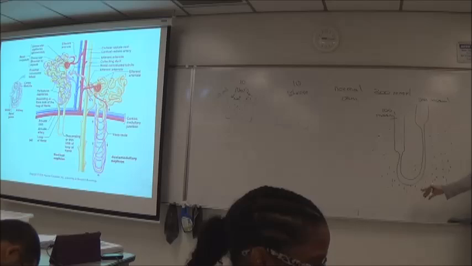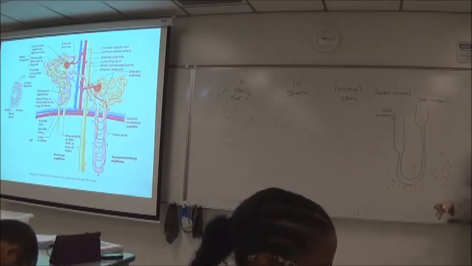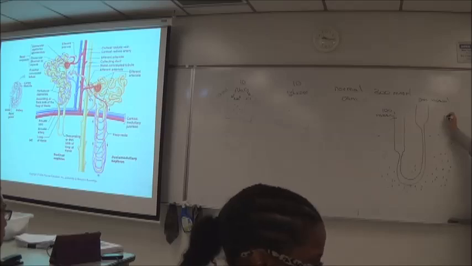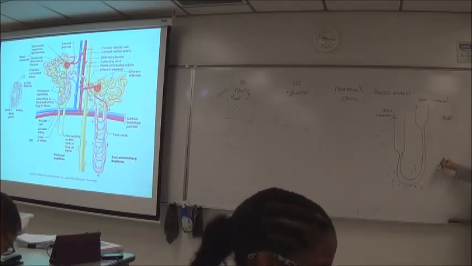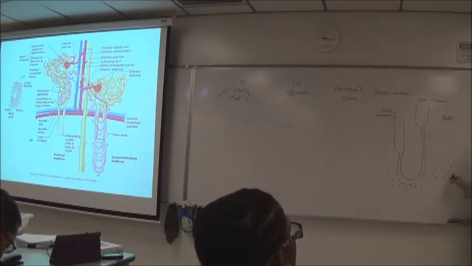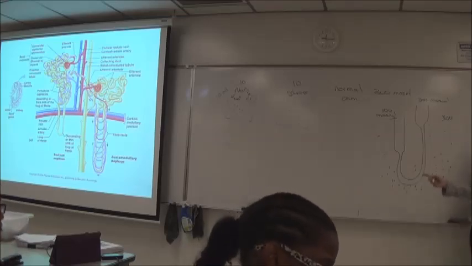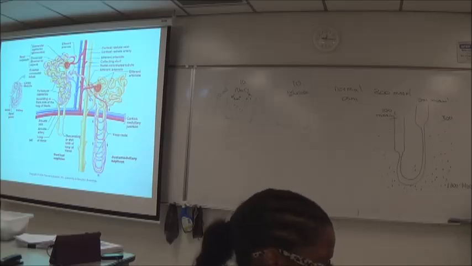That is the whole purpose of the juxtamedullary nephron loop, to set up this gradient where we go from 300 milliosmoles in the extracellular fluid to a high of 1,200 to 1,400. Typically you'll say 1,200, but the maximum is about 1,400 milliosmoles.